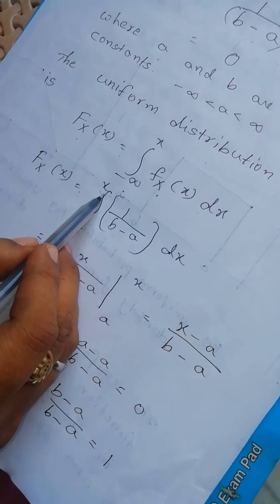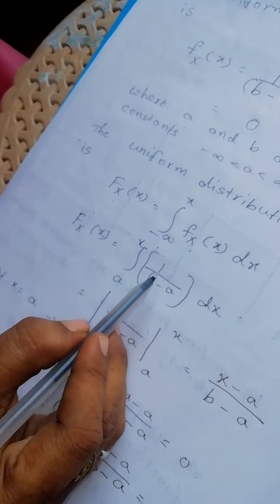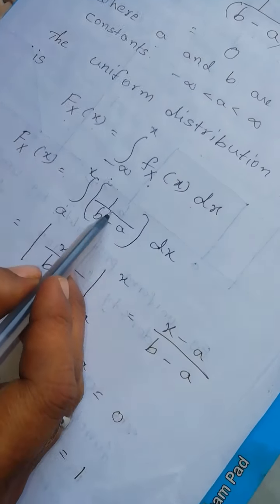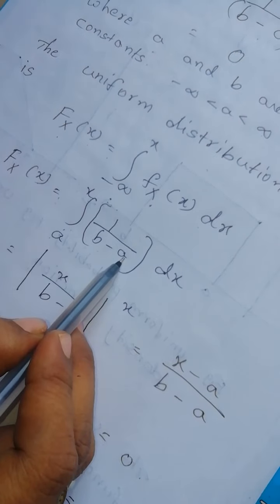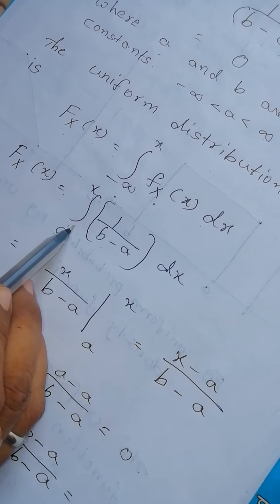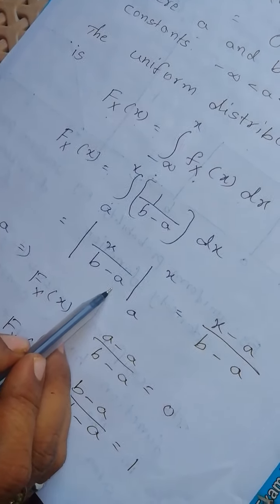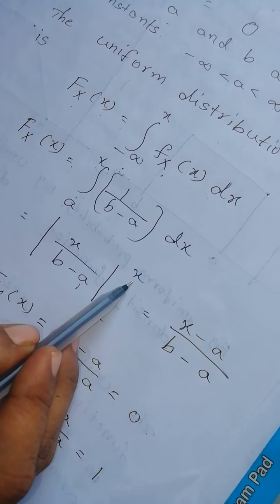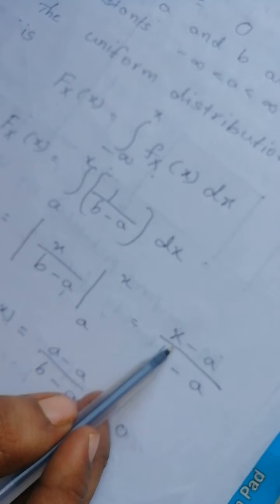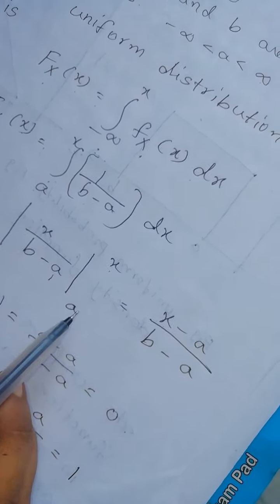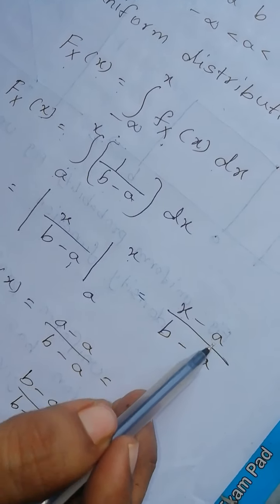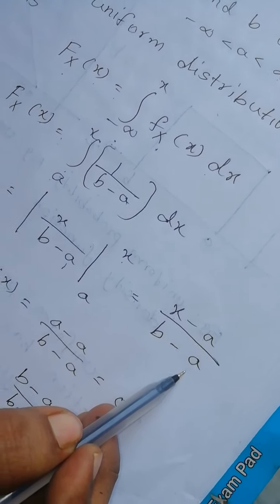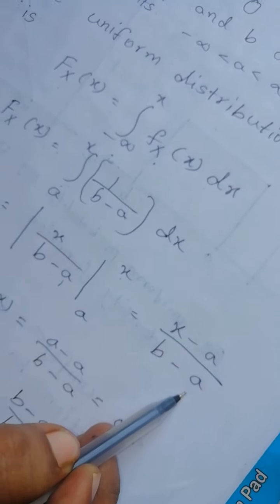The density function is 1 by b minus a dx. Here 1 by b minus a is constant, so the integration is x by b minus a, with limits a to x. Substituting the upper limit x and the lower limit a, we get x minus a by b minus a. This will be the uniform distribution function.